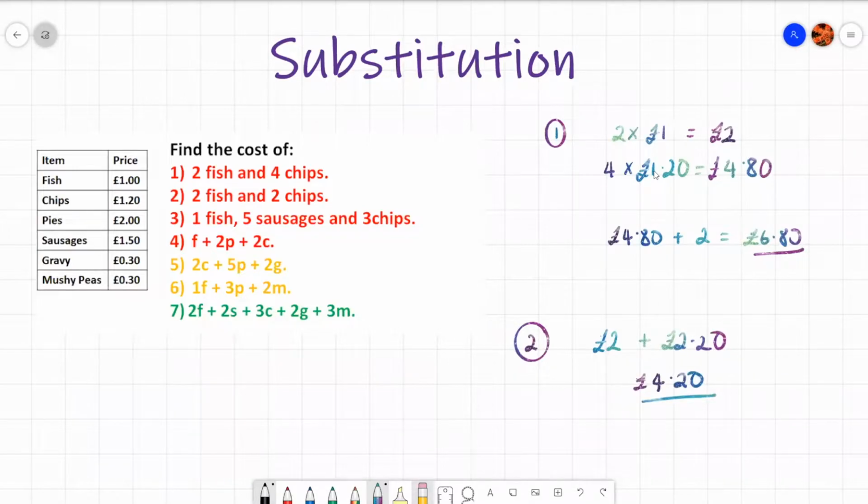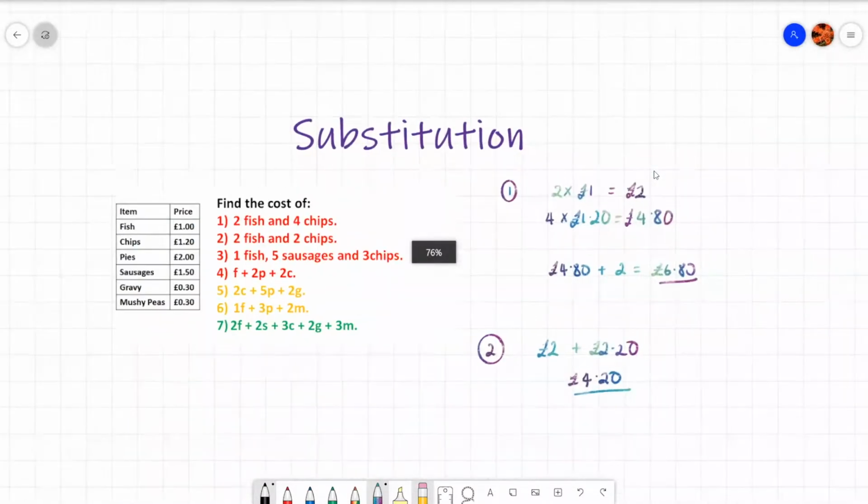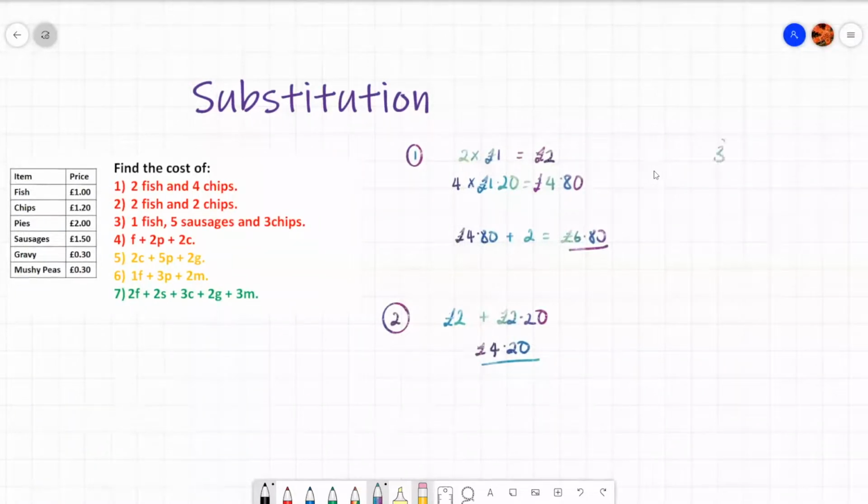Okay, the next question. Zoom out a little bit so we can fit everything on a page. Number 3, 1 fish. So 1 fish is £1. Then we need 5 sausages, so that's 5 times £1.50. That would be £7.50.